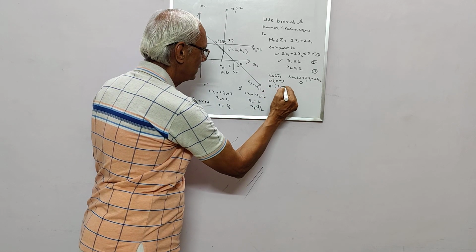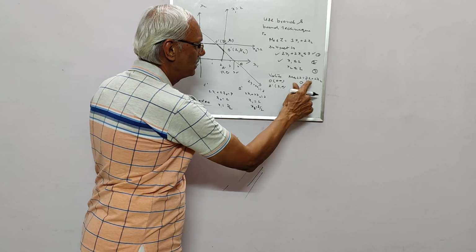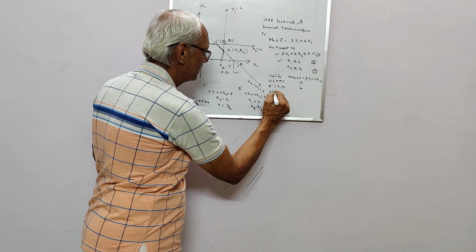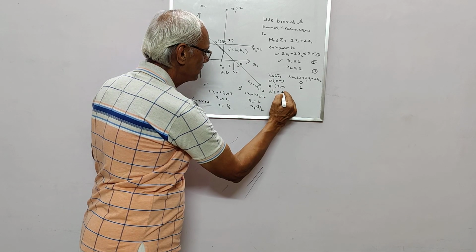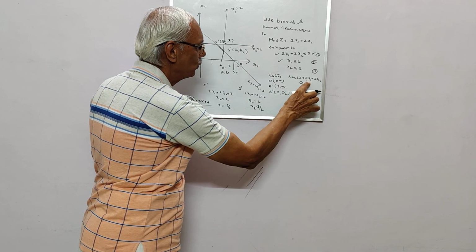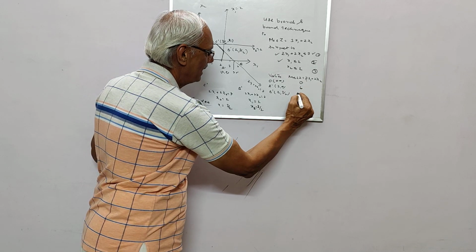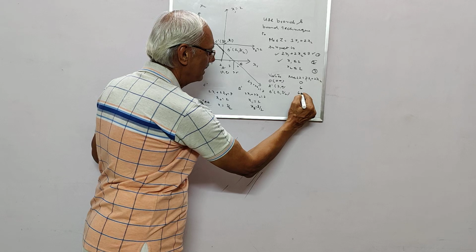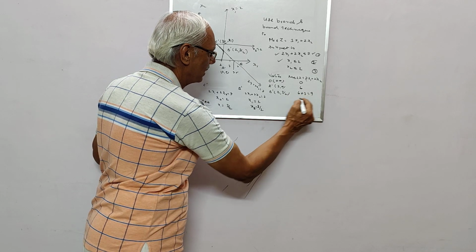A dash, 2, 0. When you put 2, 0, it is 6. Then you come to B dash. It is 2, 3 by 2, which means 2 into 3 is 6, and this is 3, so that is equal to 9.